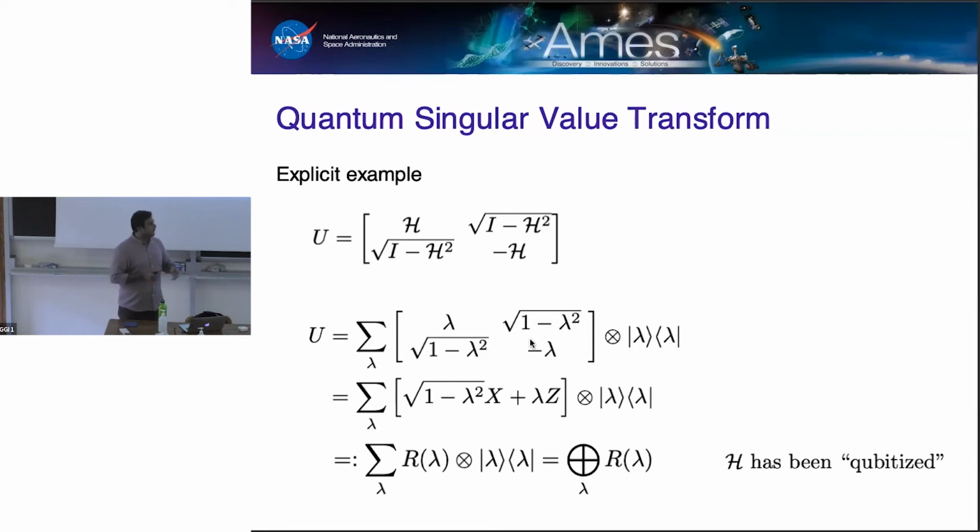In the remaining time, I'll mention one other explicit way to block encode the Hamiltonian and actually do things with it. But somehow the term qubitization seems to have stuck around. So when people talk about qubitization, they may actually be referring to this QSVT approach as well. At least this is a sociological thing that I've been discovering myself.